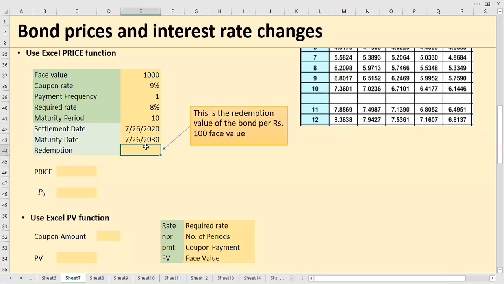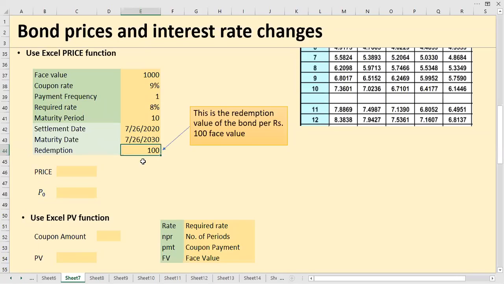And the redemption is of course always a multiple of hundreds. Normally in the US, most of the time bonds are purchased in multiples of hundreds.